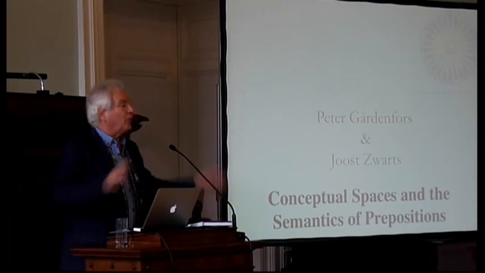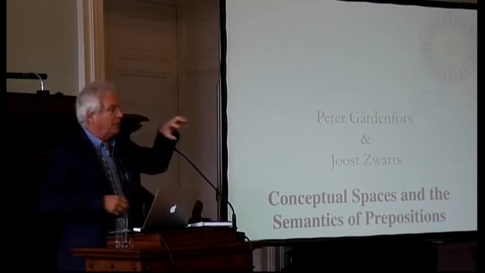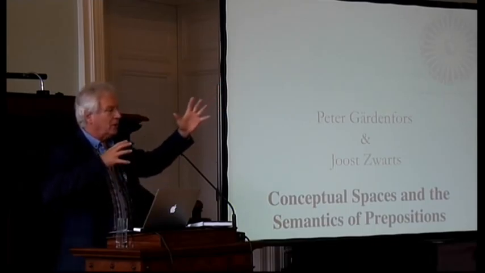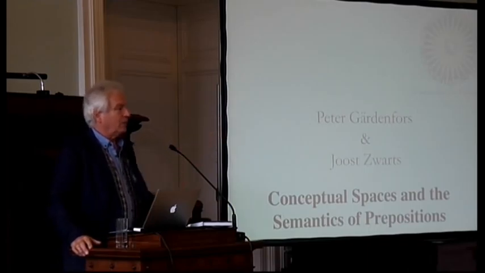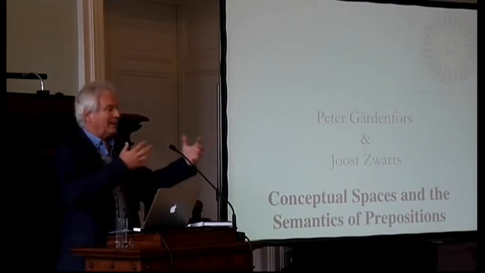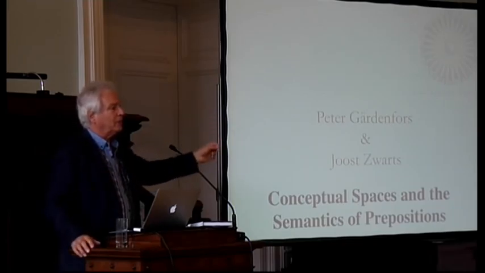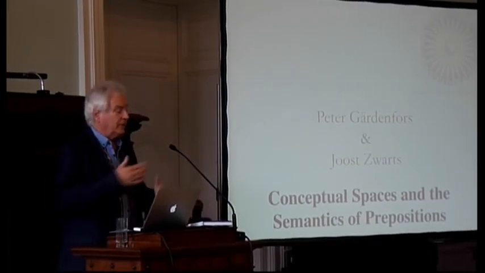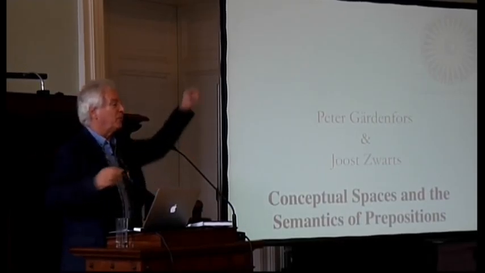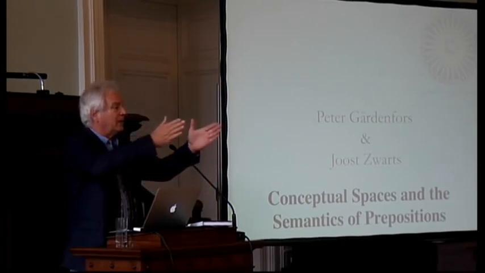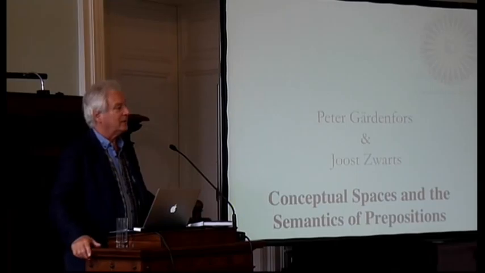And of course, Melissa Bowerman and others have done these experiments where you show a number of situations, and you can map them. You can make some kind of space of the different kinds of situations. You showed one of these maps yesterday. Different languages will carve up these spaces in different ways. Some will call them in, and some will call them on. There is a region of prototypical in and prototypical on, and then regions in between, and you can draw the lines in different ways in different languages.